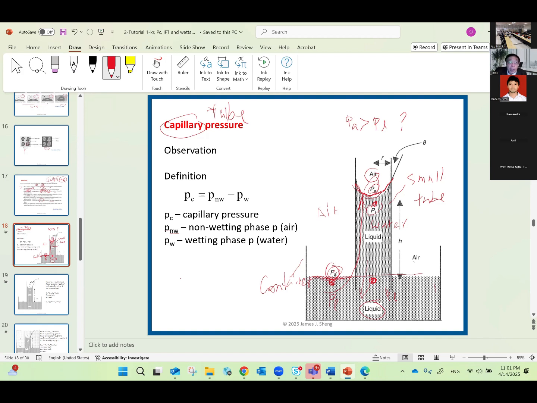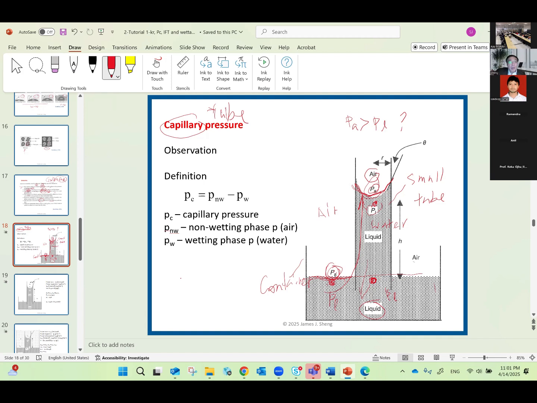The bottom is a flat interface, while the top is curved. It's not a flat surface. So from this description, this is the capillary pressure. At the top, you have this kind of non-flat or curved surface. And at the curved surface, the pressures at the two sides of the surface are not the same.